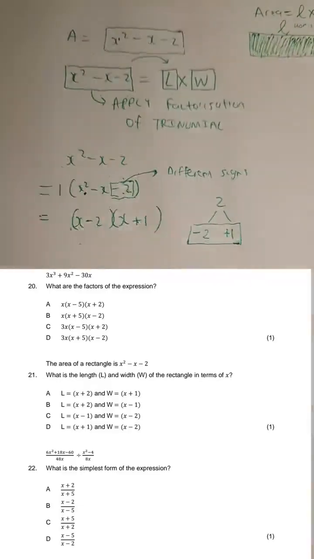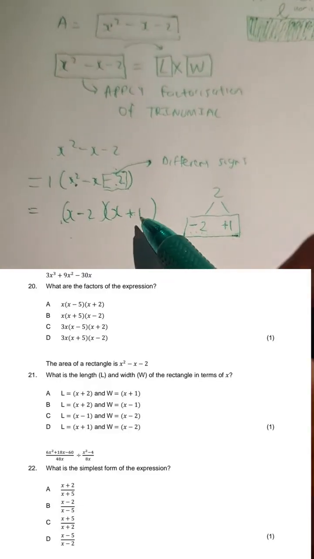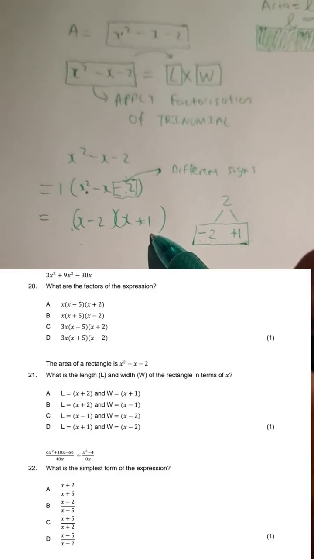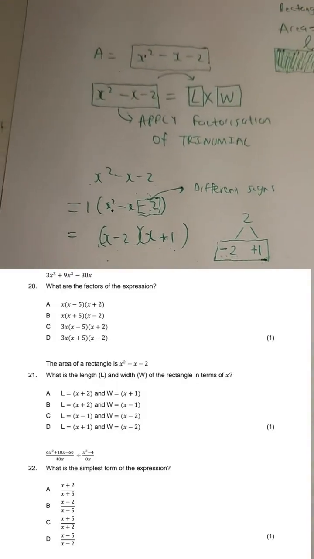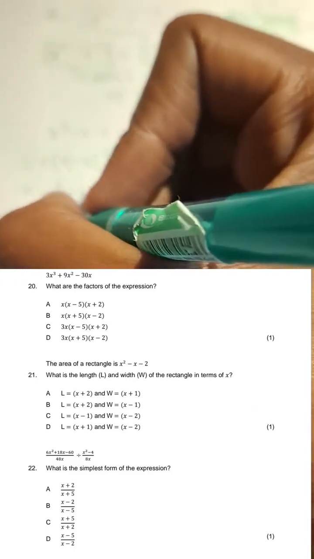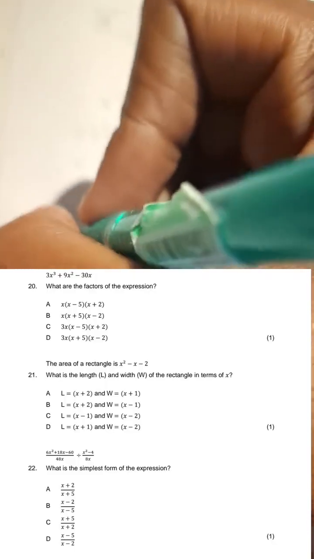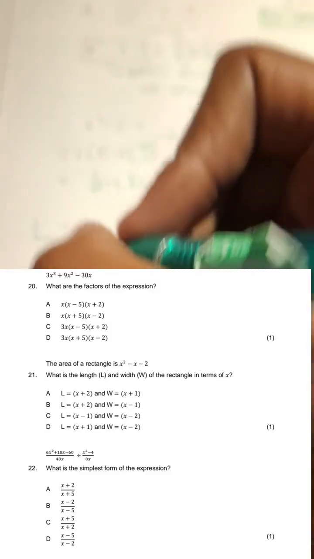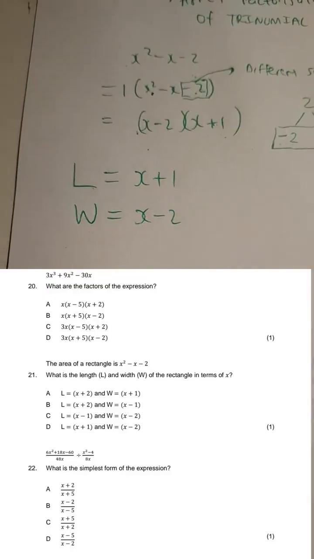That means the product of the factors for my length and my width: my length in this case is going to be x plus 1. My width, because it's the longest side... my width is going to be x minus 2.